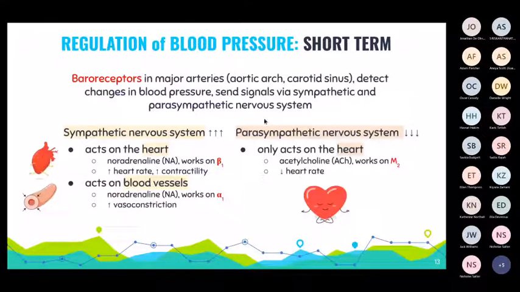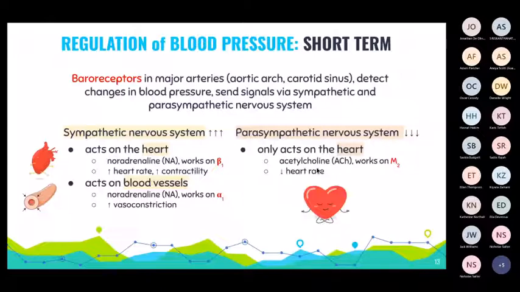And if the blood pressure is getting too high in the short term, your baroreceptors will say, hey, it's too high, and they'll send signals to your heart, and that will, as we said in that question, release acetylcholine on your muscarinic receptors, your M2 receptors, and that will slow your heart rate down again.